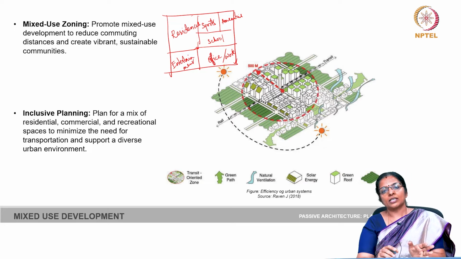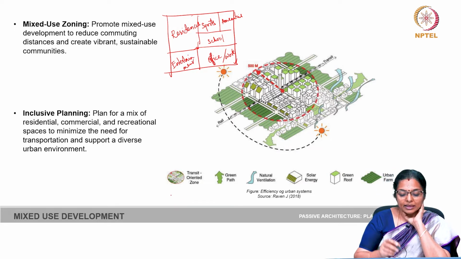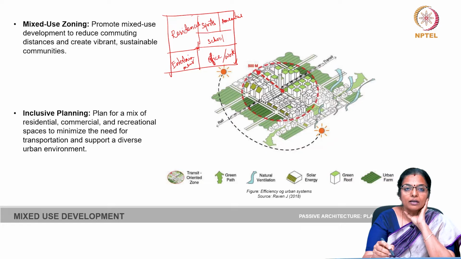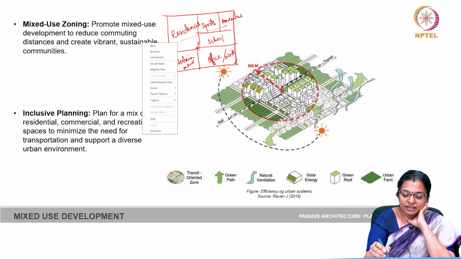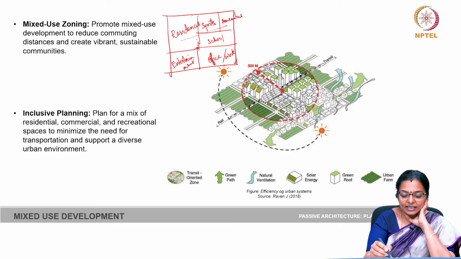If you have exclusive land use, then it is found that there is a lot of transportation and movement from one zone to another, even for basic things.